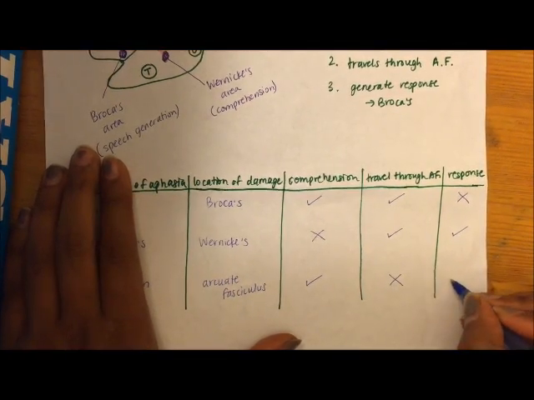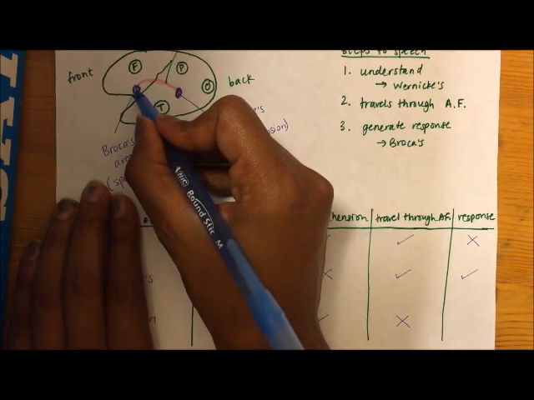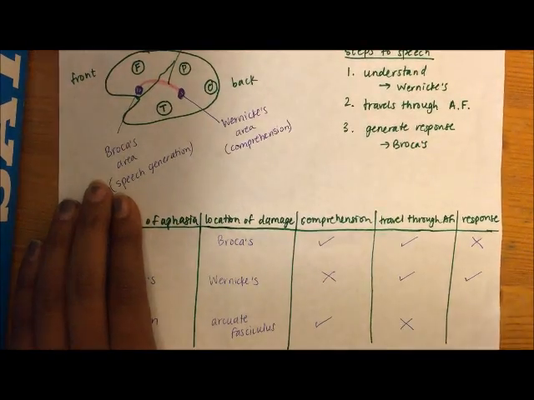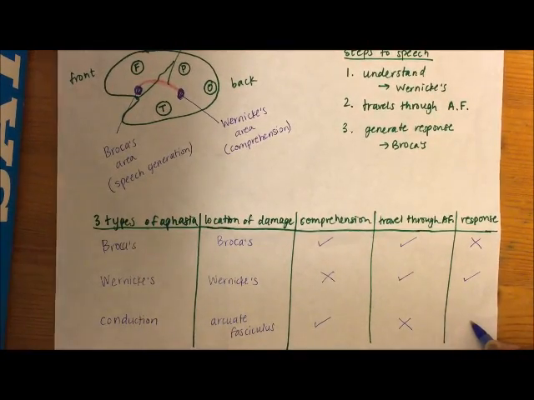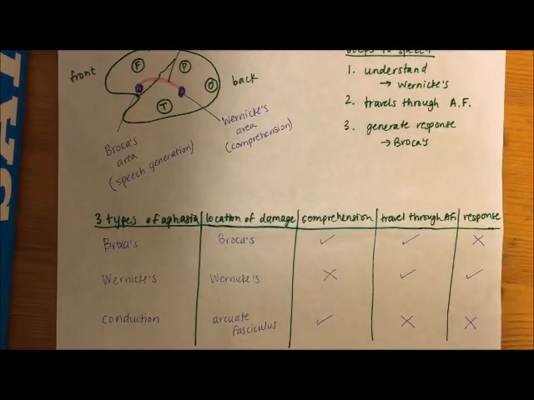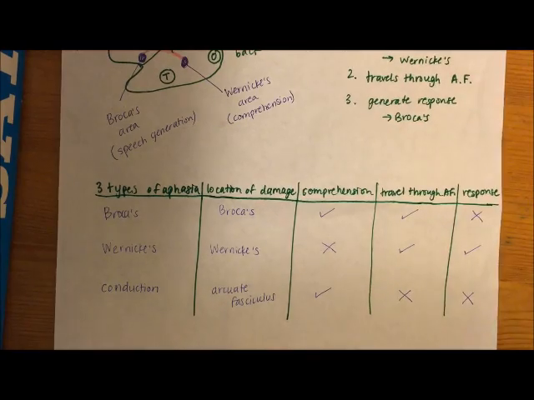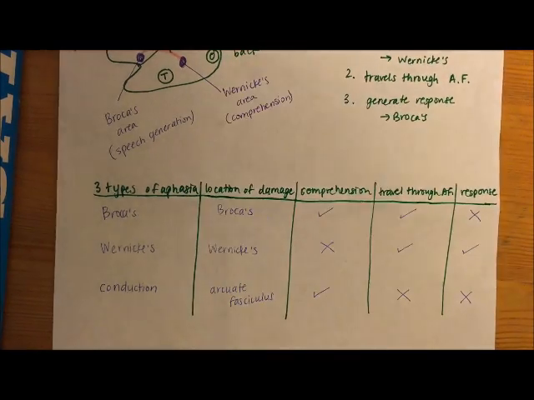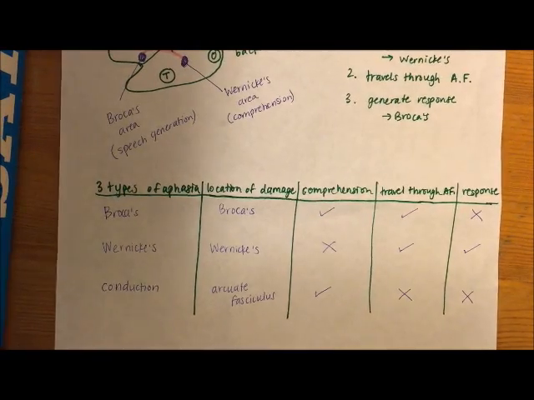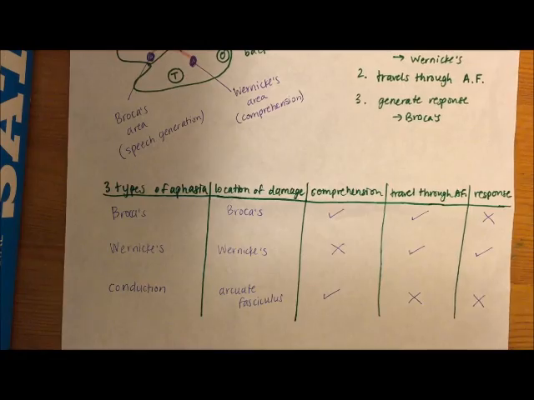And your response, similarly, because Broca's area is not going to receive any input, will not be able to generate any speech. So your response is also not going to be okay. And in conduction aphasia, what's interesting is patients will come in and, weirdly enough, they will be unable to write, and they will be unable to read and recognize words.